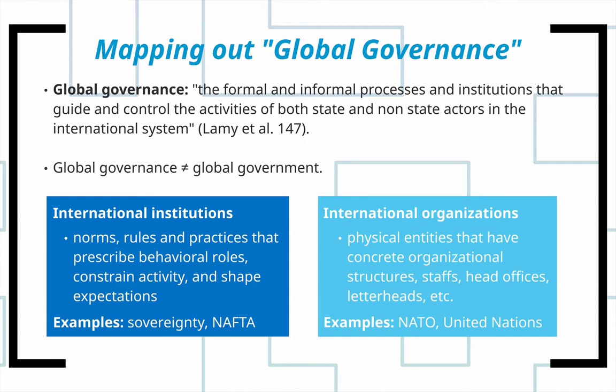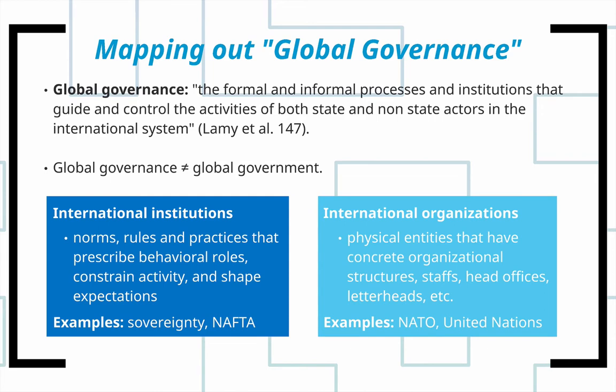Also have to define international institutions and international organizations, both terms that I've used in this class before. International institutions, it is tempting to think of institutions as physical entities with a location, an address. That's not really what the term means, and it can mean something very abstract. So I want to define it and be clear on what it is.